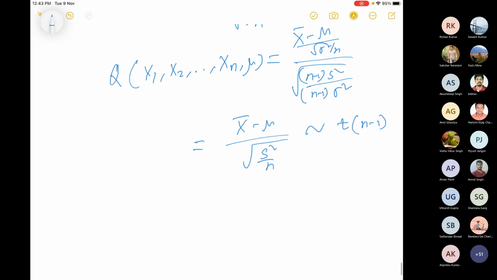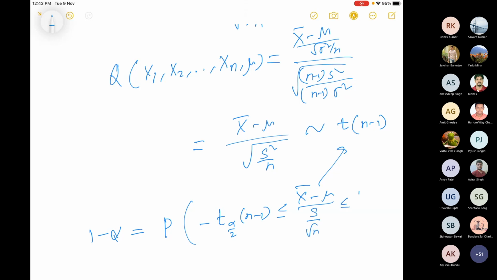So then we can do the same thing. Since we know the pivotal quantity now, this is independent of mu and sigma. Then I can say the interval with 100 times (1 minus alpha) percentage of confidence: the probability of minus t alpha by 2, n-1 less than or equal to (X bar minus mu) by S by root n less than or equal to t alpha by 2, n-1 degrees of freedom.